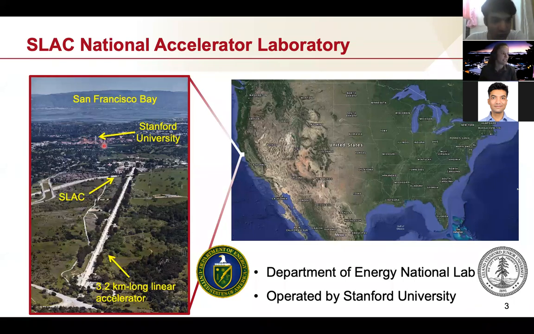We are operated by Stanford University, and we have a lot of Stanford students and postdocs coming up. They sit here. You can see Hoover Tower, and all the red roofed buildings are Stanford University. And then about 2 miles or 3.5 kilometers away is the campus of SLAC. The main campus is sitting here.